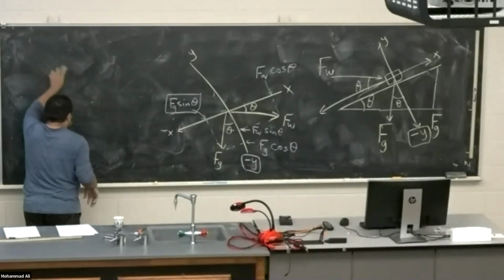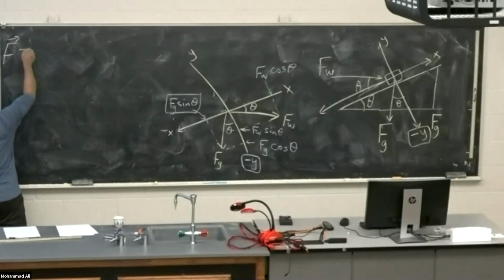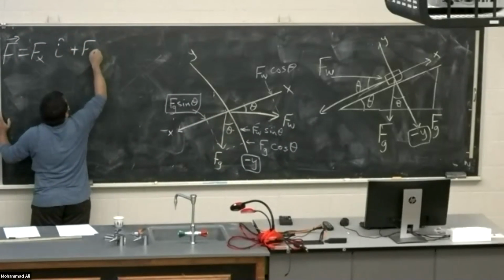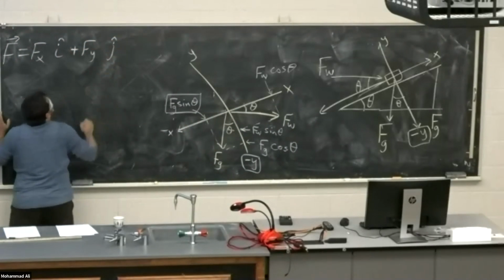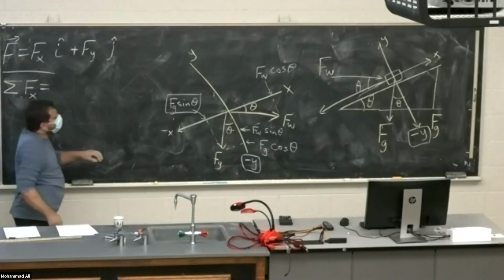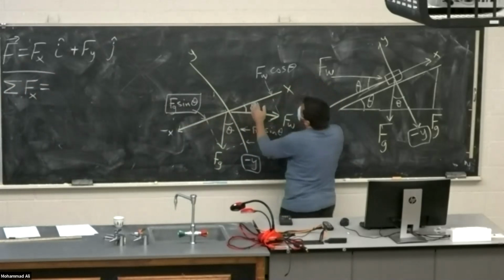Now, I have a force vector, and this force vector is F equals Fx i hat plus Fy j hat. What are the forces in the x direction? The summation of the forces in the x direction: I have the positive forces and negative forces.